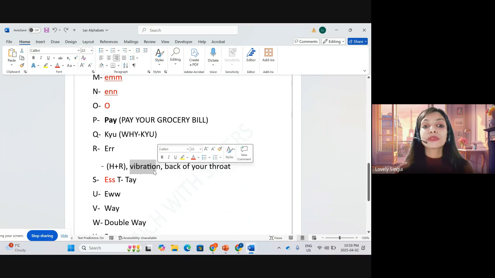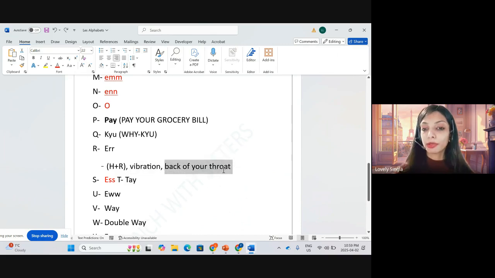While you pronounce R, you try to give it a bit of vibration. Third, and the most important thing, it needs to be pronounced from the back of your throat. It's more like a guttural sound, like when you clear your throat. The sound that is produced when you clear your throat is similar to that sound. So R is going to be air, air.